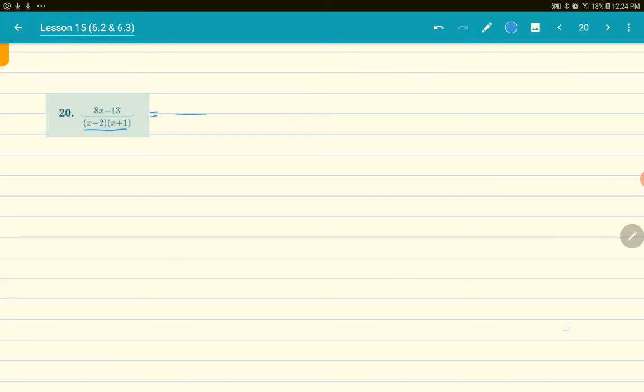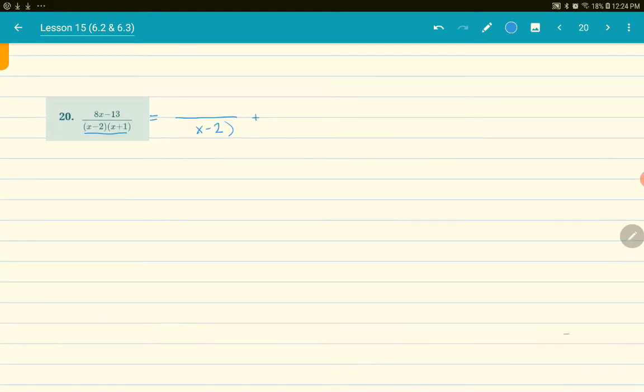So for each one of those factors, I'll have a partial fraction. I don't really need the parentheses since the fraction bar works as a grouping symbol. But I don't know what those numerators are going to be to give me the 8x minus 13 after I found a common denominator and added. So what does it look like?